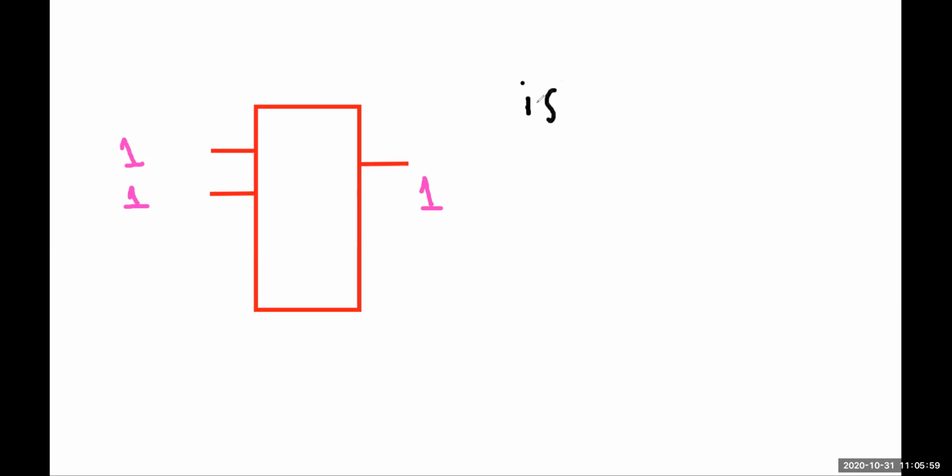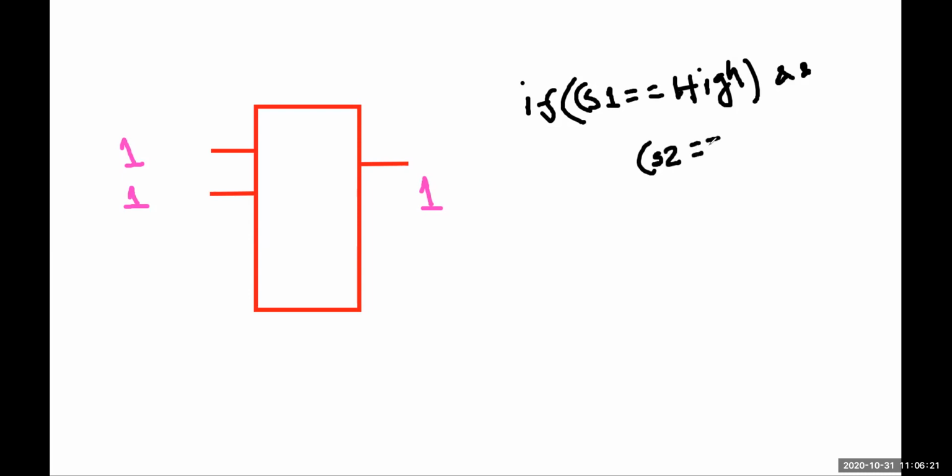Then it will apply a logic: if switch number 1 equals high and switch number 2 equals high, that means both of them are high, then digital write pin number, let's say pin number 10, will be high.